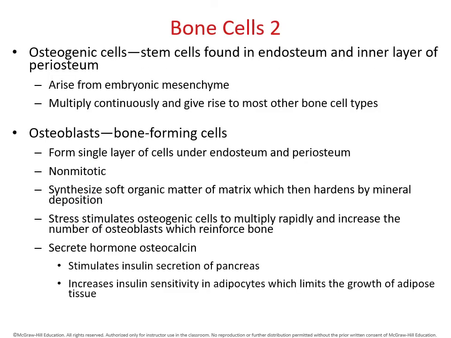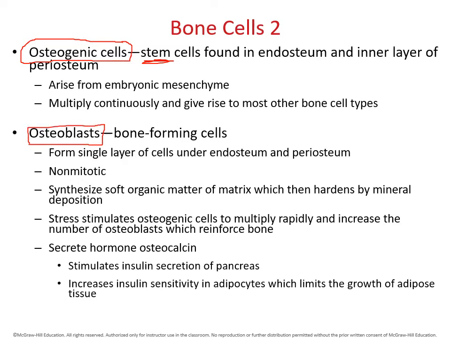All right, so let's start off with our osteogenic cells. Osteogenic cells are a special type of stem cell. Remember, stem cells are undifferentiated cells that are waiting for the proper signal so that they can be classified or provide a specific function. In this case, the osteogenic cells are waiting to be converted into osteoblast cells.